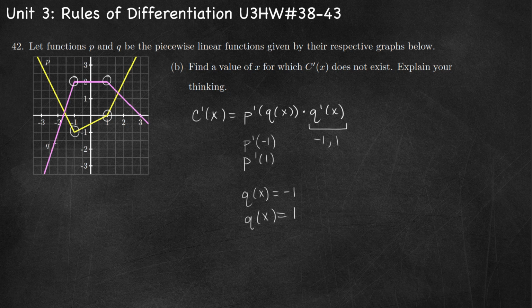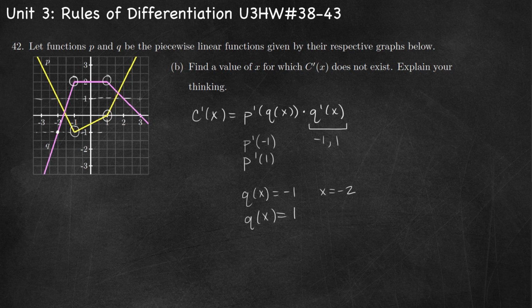Q of x equals negative 1 right here when x equals negative 2. When x is negative 2, q of negative 2 equals negative 1. So when x is negative 2, we'll add that to our list. And then where does q equal 1?